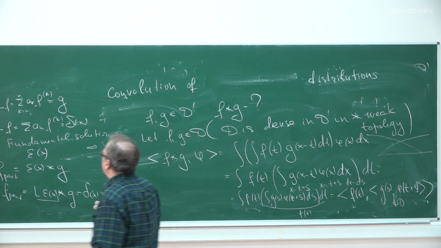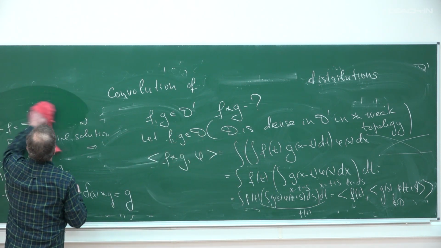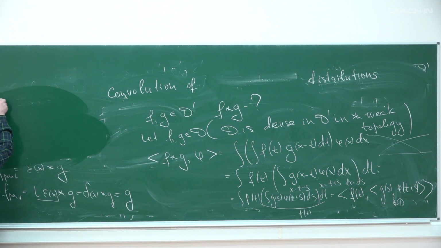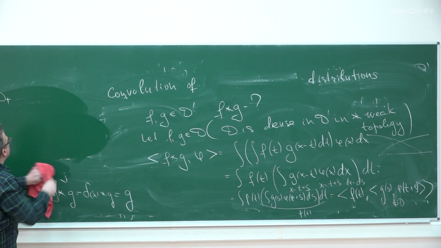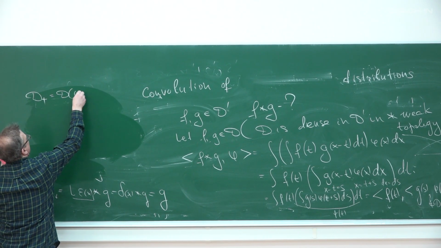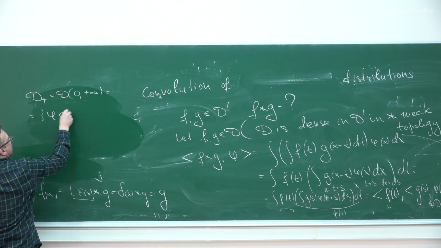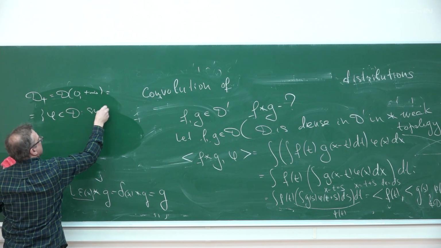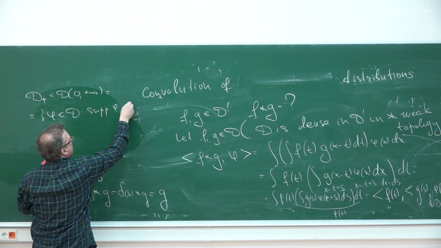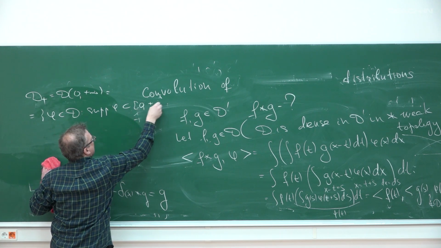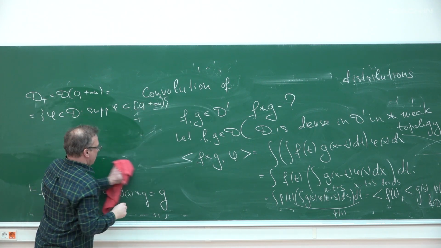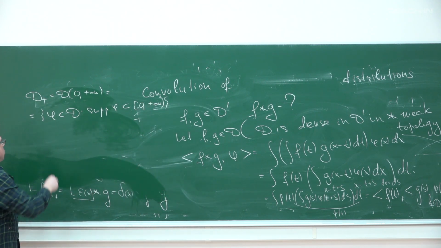So I define the function space D plus. It consists of functions phi from D, such that the support of phi is compact, but lies on this semi-axis. And then you can define D prime plus.